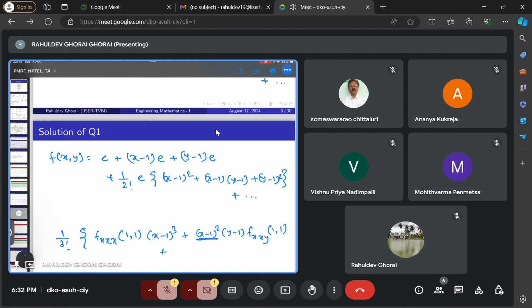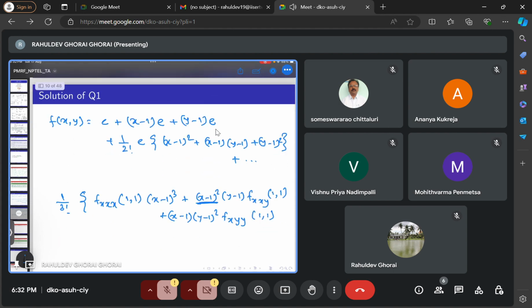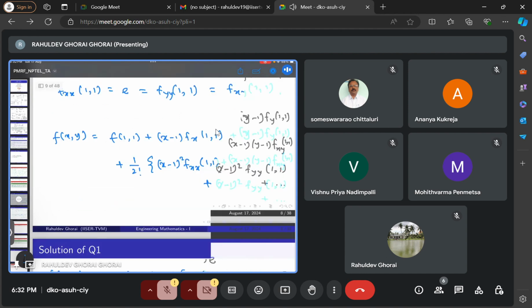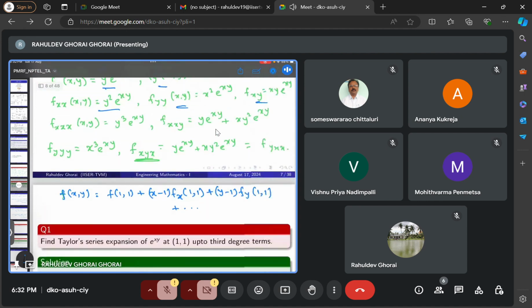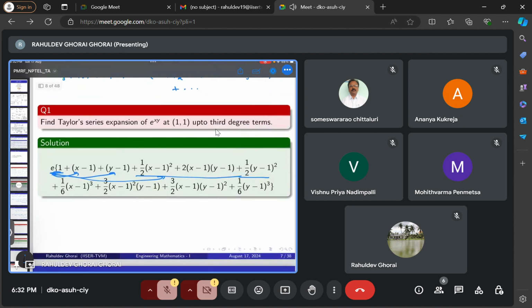So similarly, x minus 1 times y minus 1 whole square times f_xyy at 1, 1, plus y minus 1 whole cube f_yyy at 1, 1. Okay, that will be your third term, and you know all these derivatives how it will be. So what are the values, you know this from here. It will be 2 times e, 1 time e, like that. So then what you will get is this last function.